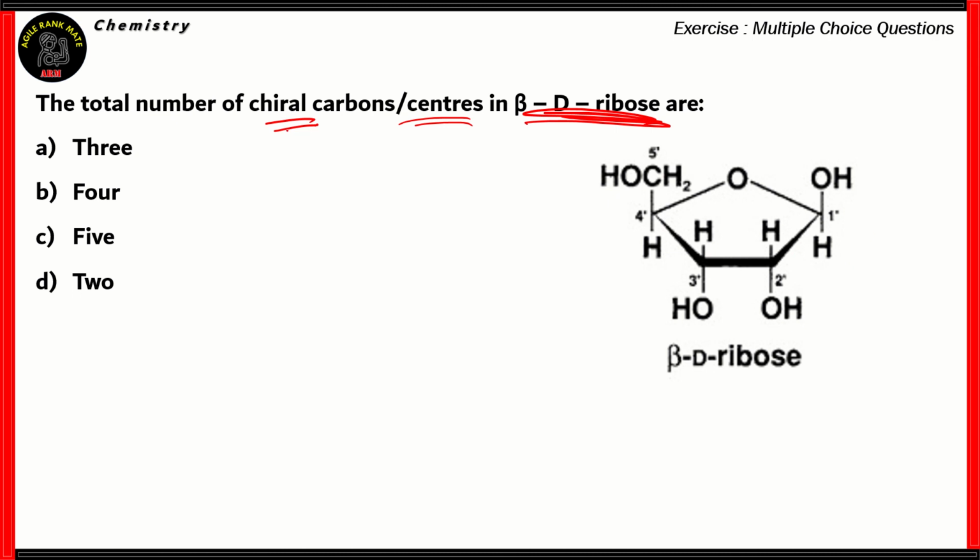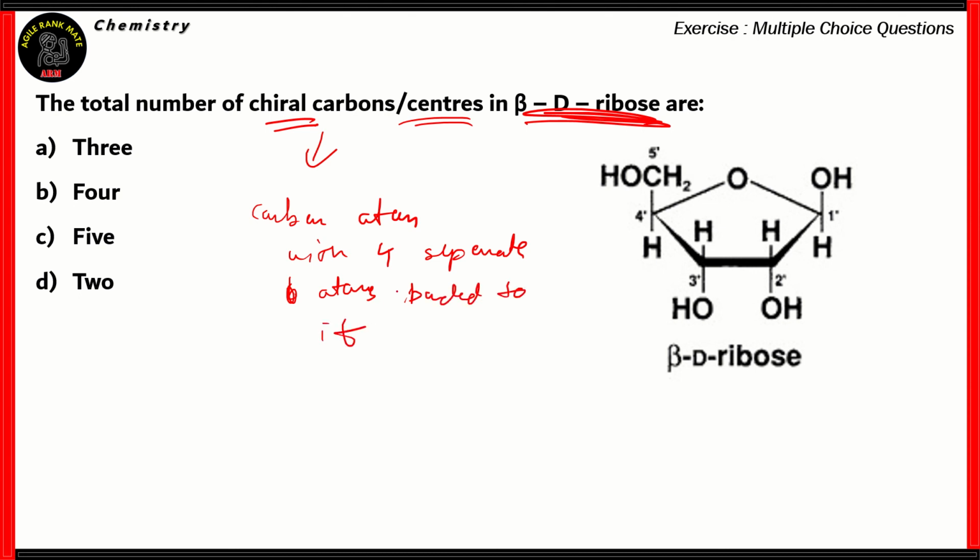For that, we need to understand what is a chiral carbon. A chiral carbon is basically a carbon atom with 4 separate atoms or groups bonded to it.